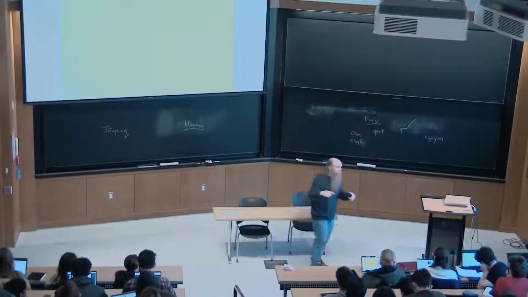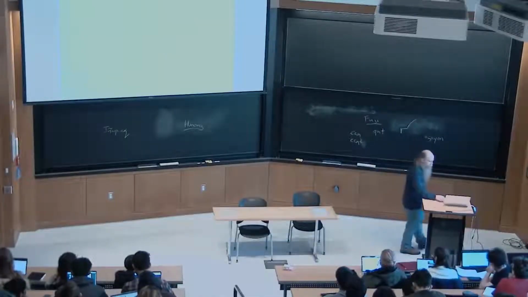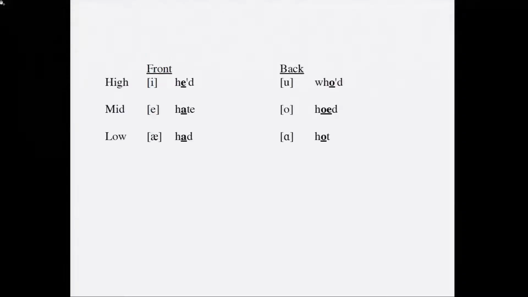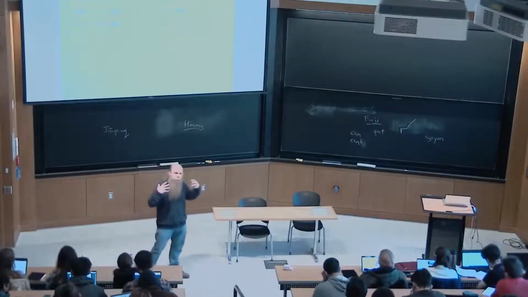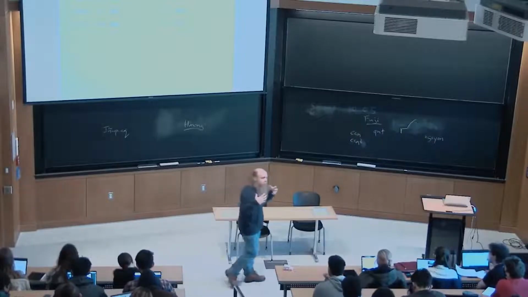Okay. So we have front, mid, we have high, mid, and low vowels, but we also have front and back vowels. So the back vowels are vowels like the vowel in who, and the vowel in ho, and the vowel in hot, ah. So oo and o and ah. Those are all back vowels. Your tongue is sort of pulling back toward the back of your mouth.